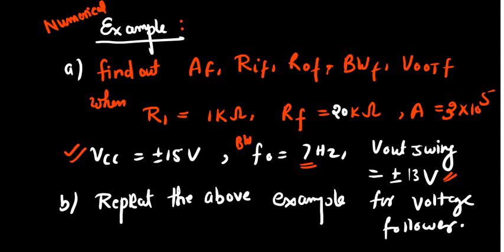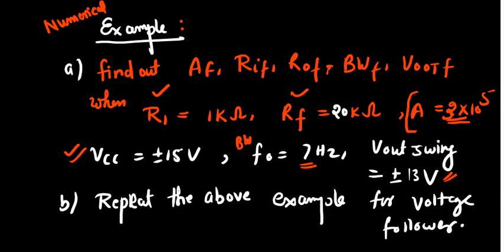Now we provide voltage series feedback, R1 of 1 kilo ohm, RF of 20 kilo ohm, and the gain is 3 into 10 to the power 5, or 2 into 10 to the power 5, whatever you get.